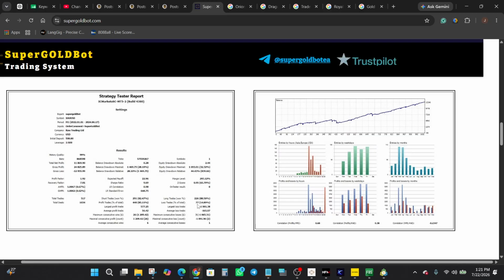Okay, the short trades saw an 82.47% win rate, while the long trades landed at 88.5% win rate. Now, with respect to the profit factor and payoff, it generated a total net profit of $11,869.9 with a profit factor of 1.92 and an expected payoff of $22.96 per trade.